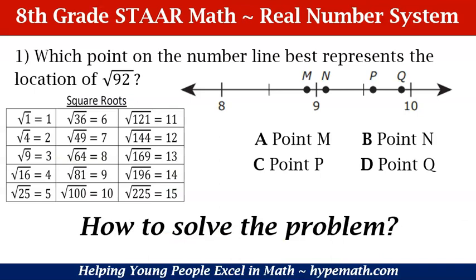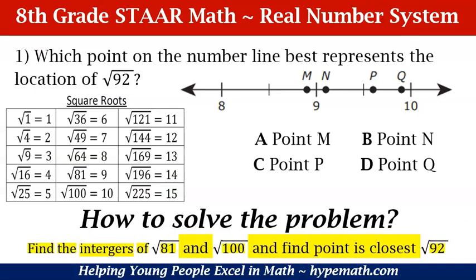How can we solve the problem? In order for us to solve the problem, we need to find the integers of the square root of 81 and the square root of 100, and find the point that is closest to the square root of 92. So in looking at our chart, the integer for the square root of 81 is 9. And the square root of 100 is equal to 10, okay?